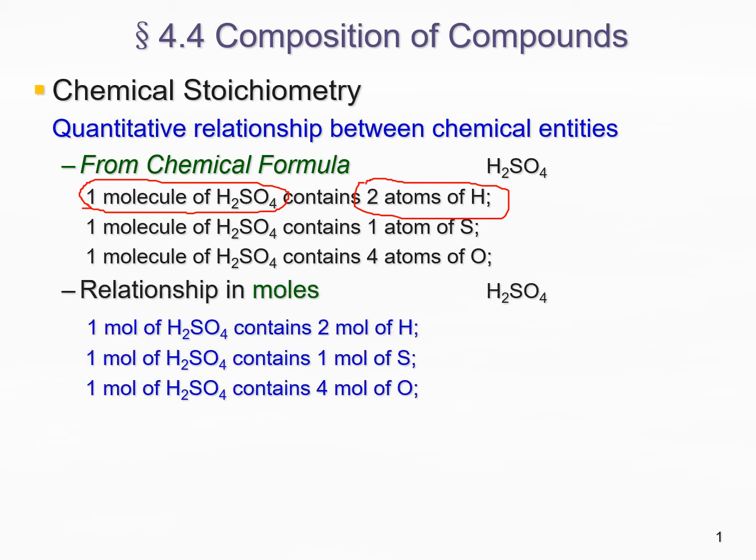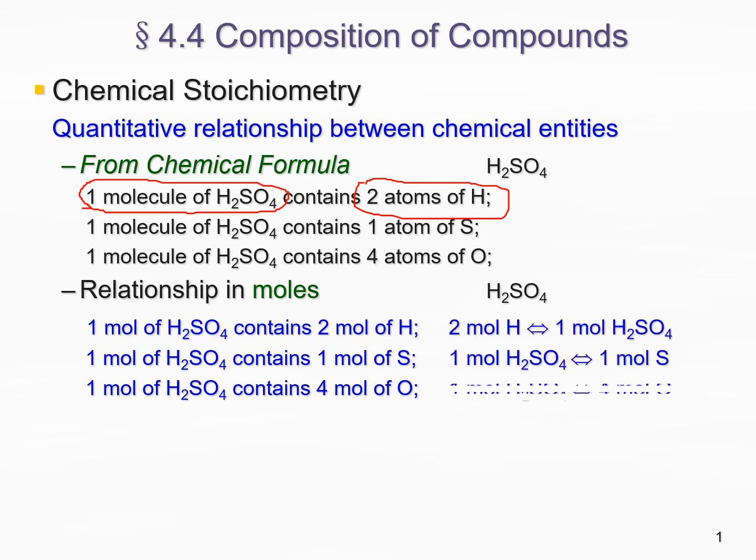So in this way, we can write this relationship into something similar, but this time we insert the unit of moles in these statements. Like 1 mole of H2SO4 contains 2 moles of hydrogen, 1 mole of sulfur, and 4 moles of oxygen. Now, we transferred the ratio between the molecules and atoms into the moles of different chemical entities, which is what we call a stoichiometry.